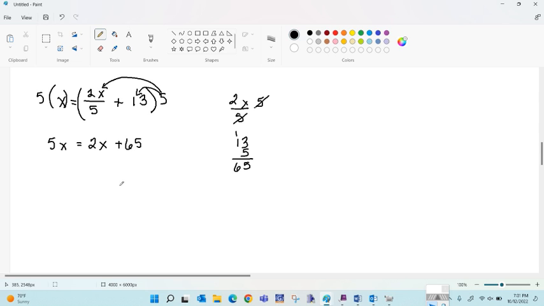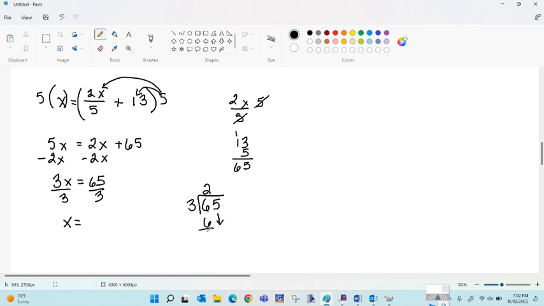Okay, so we've got these things to work, and then we need to have the variable only on one side rather than 2 sides. We mentioned this yesterday. Minus 2x, minus 2x. We get 3x equals 65, and then we can divide by 3. 65 thirds. 65 divided by 3 gives you 21.